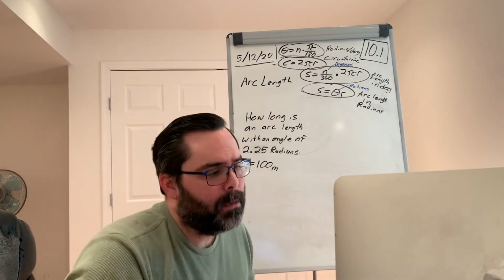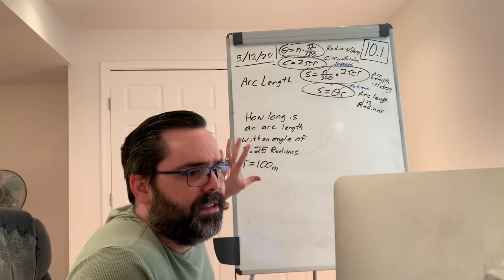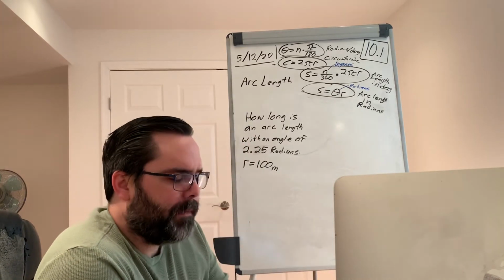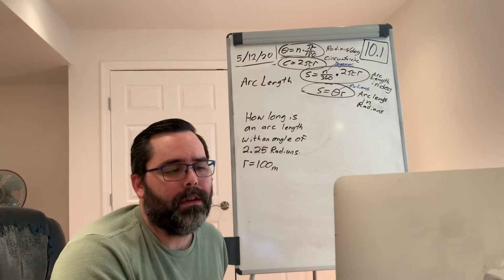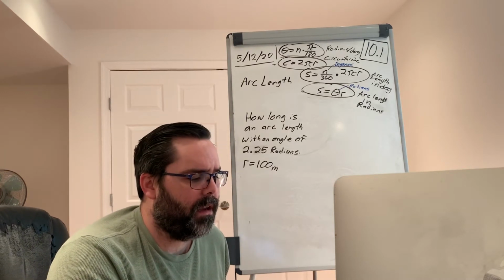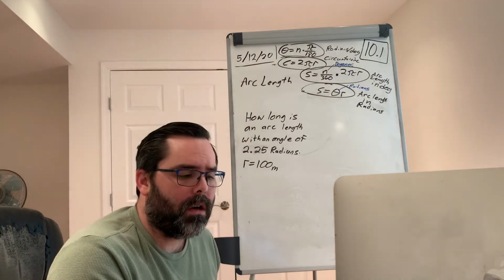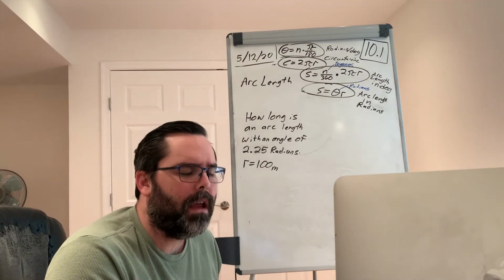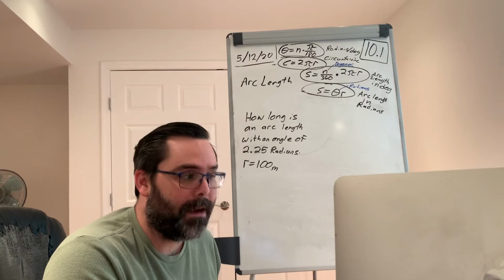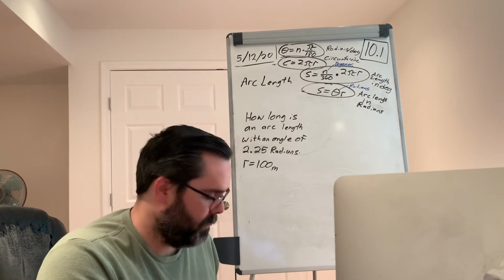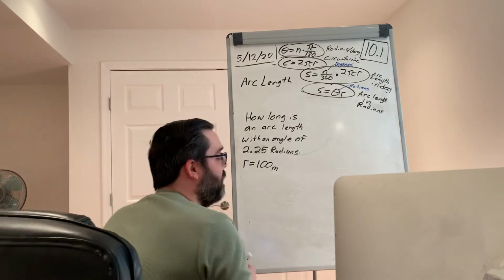You're going to have a problem on your homework that looks almost exactly like this. It's asking, if we have a circle with a radius of 100 meters and a central angle of 2.25 radians, how long is the arc? So let me draw the circle. This is not drawn to scale.